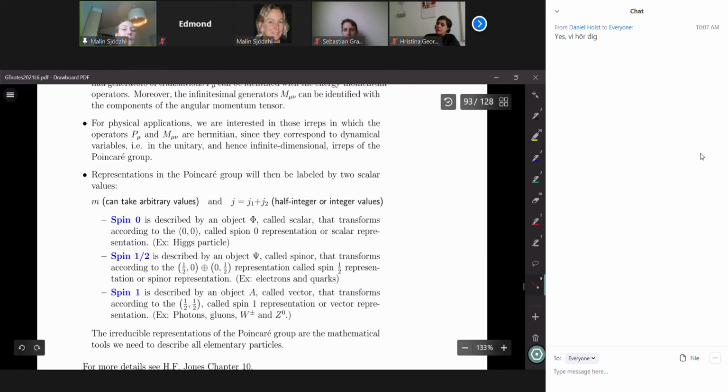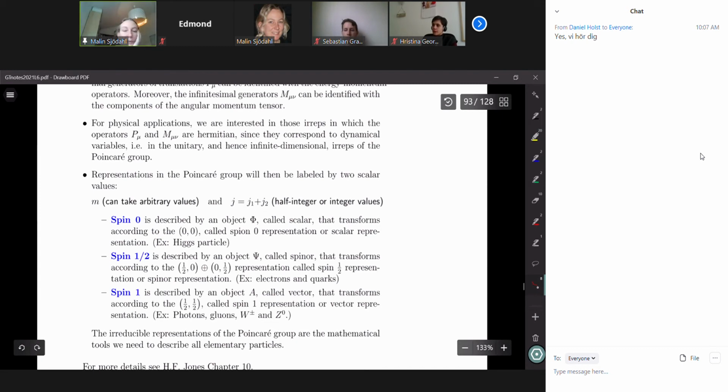Then we have the spin 1/2 representation, as we have said, that is the (1/2, 0) plus (0, 1/2) representation. So that is applicable to fermions, so that is applicable to electrons. And we have their cousins and quarks, and then we have the spin 1 representation. And those that have taken the particle physics course know that we have some object A mu for the photon.